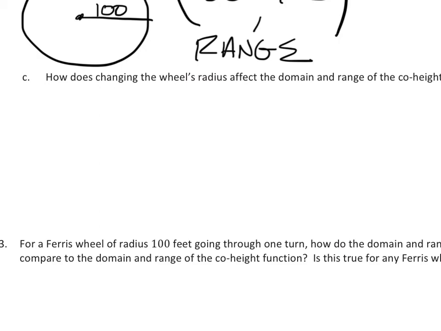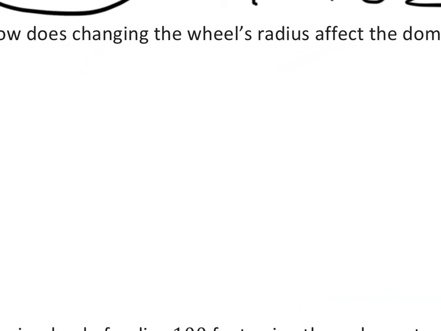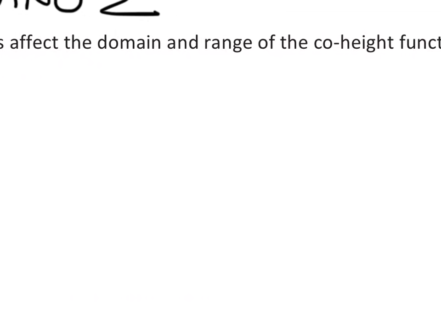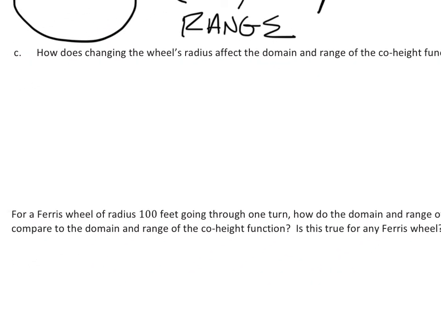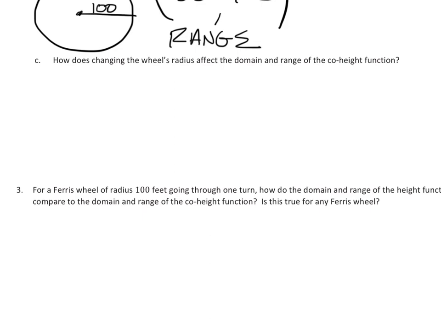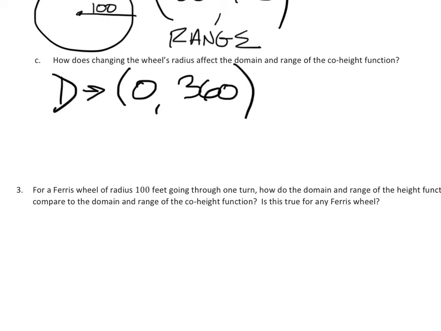How does changing the wheel's radius affect the domain and range of the coheight function? So let's go back and revisit the domain. The domain was from 0 to 360. If I change the radius, does it affect the domain at all? No, it does not. Here is the range.